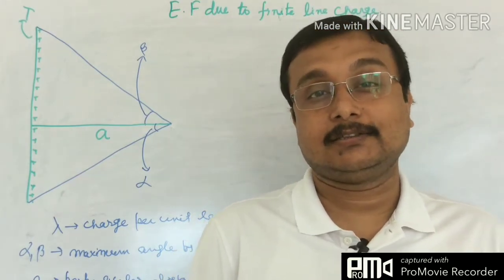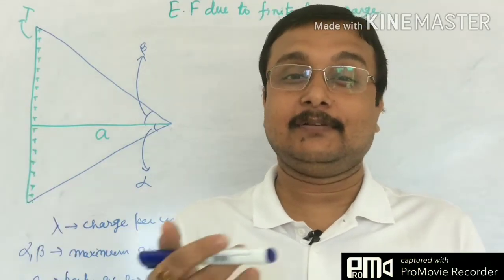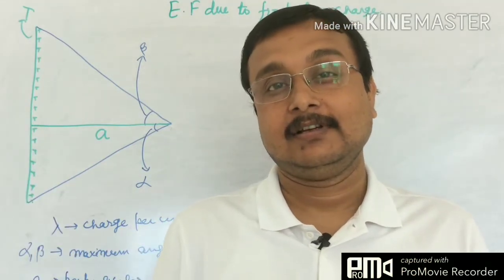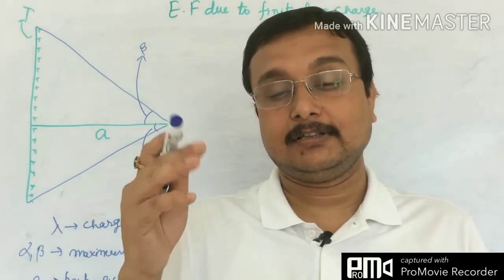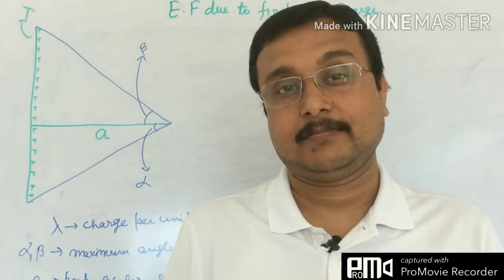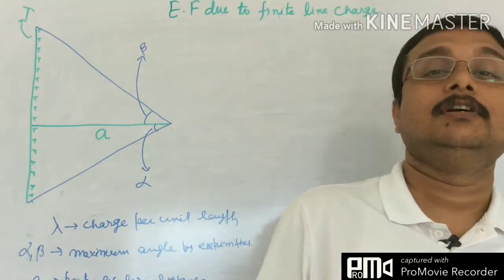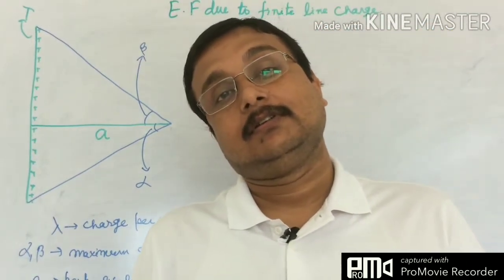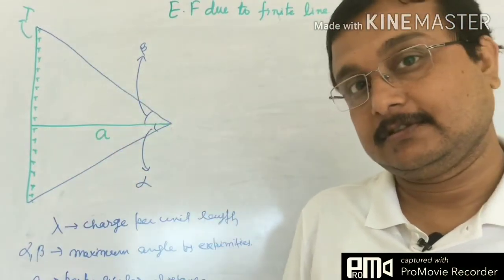In the last class, we discussed infinite and semi-infinite lines, and we found the electric field due to these. In today's class, we have also discussed the concept of how we find the value of electric field due to linear charge distribution.